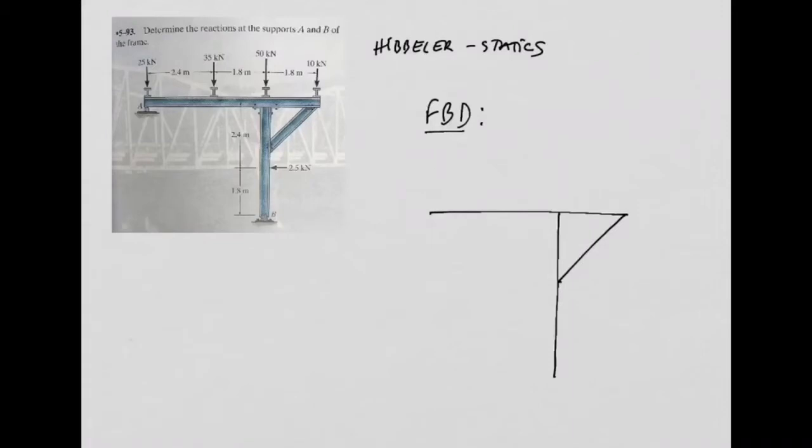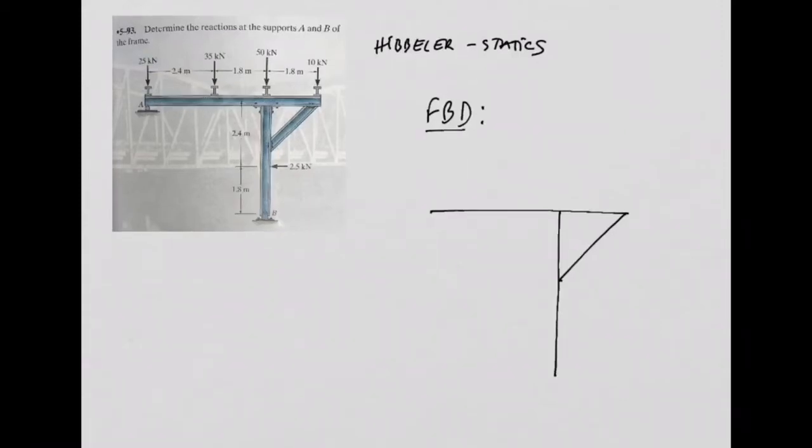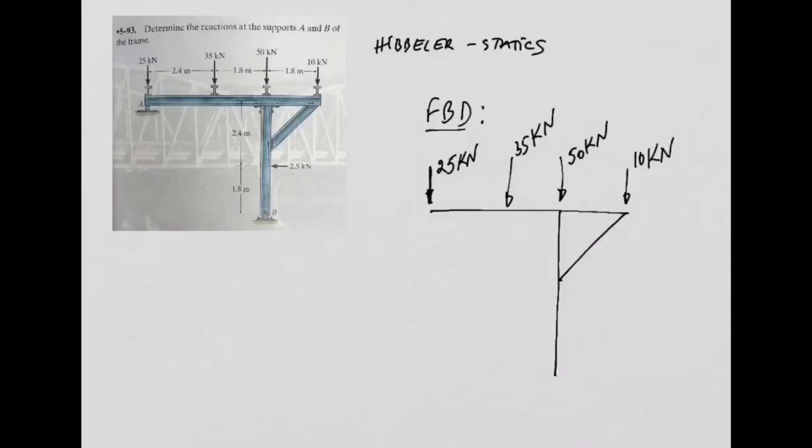Now we need to represent all the external forces acting on the frame. We have this 25 kilonewtons here. We have 35 kilonewtons here, 50, and we have here 10 kilonewtons, right?